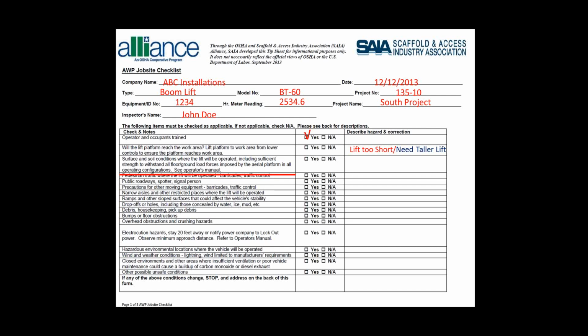The operator is responsible for all supporting conditions and all operating configurations imposed by the aerial platform. And to try to clarify that, in the operator's manual, you'll have information that will give you the overall occupied pressure and concentrated pressure, and sometimes listed in best and worst case, depending on the load distribution, the placement of the boom, and so forth. And you need to understand this information and compare it to whether or not the ground will support it.